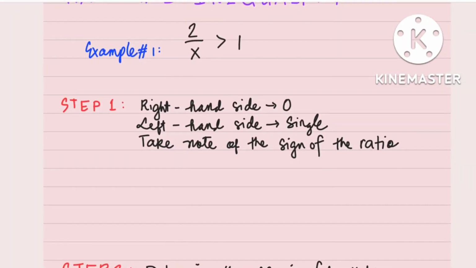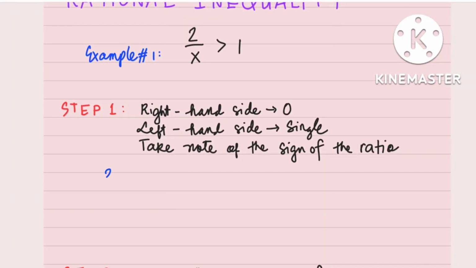Using example number 1, we will move 1 to the left. So it becomes -1. So what's left on the right-hand side? 0. Then we will combine 2 over x and negative 1 into a single fraction. So I will place a denominator of 1 here. And the LCD of x and 1 is x. So 2 over x does not need to transform.